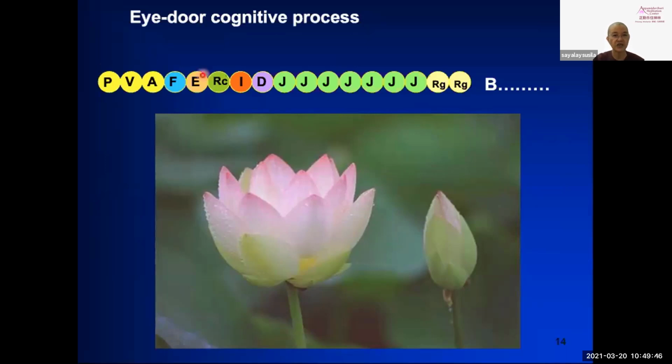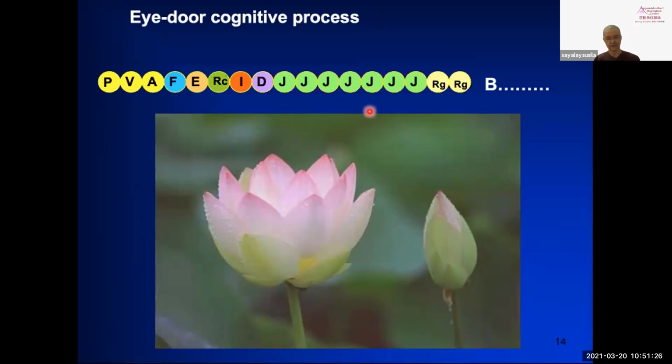You see, other consciousness only runs 1 time. Eye consciousness, receiving consciousness, investigating consciousness, determining consciousness only run 1 time, but javana runs 7 times. So it runs 7 times swiftly over the visible object, in the act of apprehending it, in the act of wanting to know it clearly.